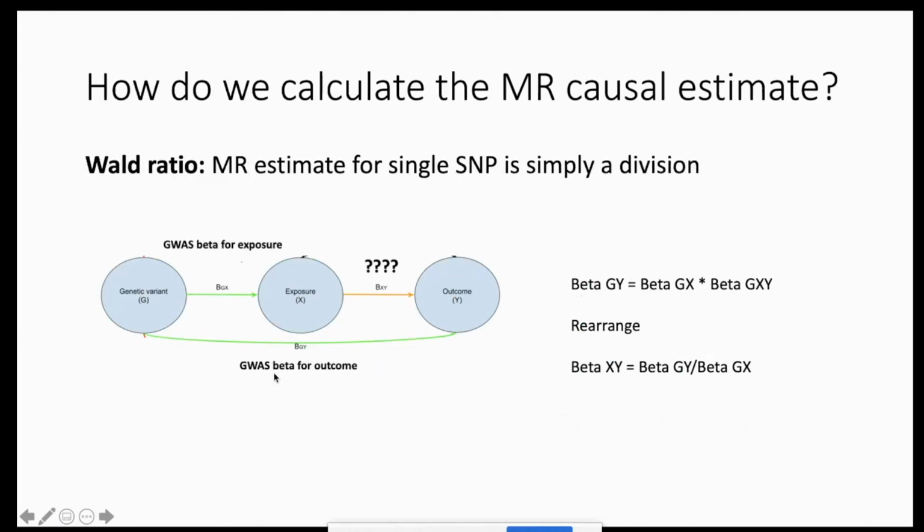So that's the outcome over the exposure. So the MR causal estimate is equal to the beta for the association between the variant and the outcome divided by the association between the genetic variant and the exposure. That calculates this association, that is the causal estimate for the exposure on the outcome.